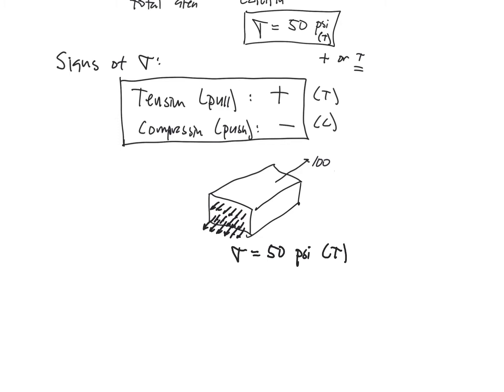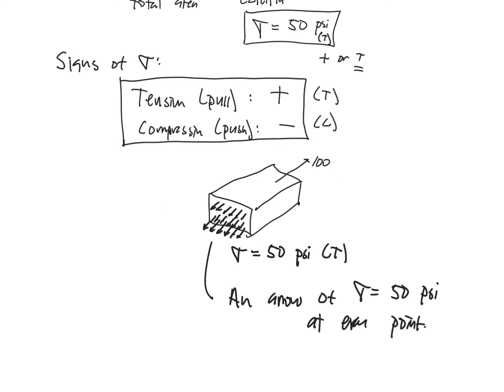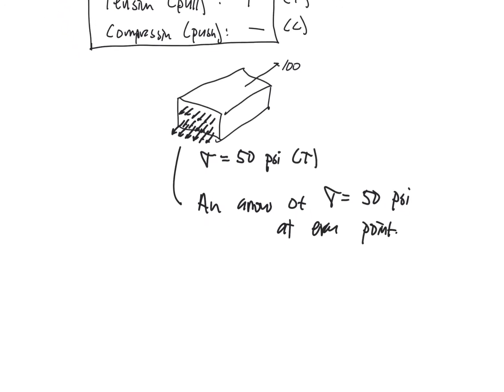That would be a visual picture. At every point, we've got an arrow of sigma equal to 50 psi on that cut face. Because of that, I like to think of stress as being a field of arrows.